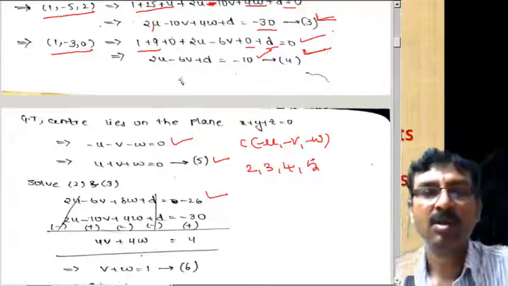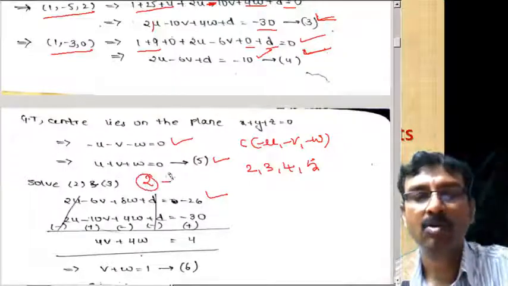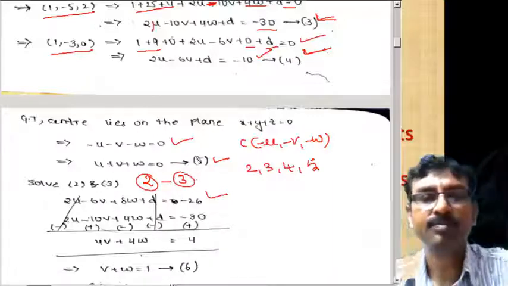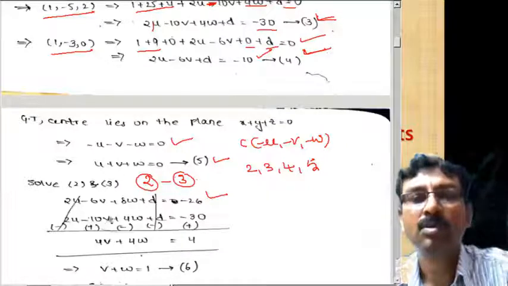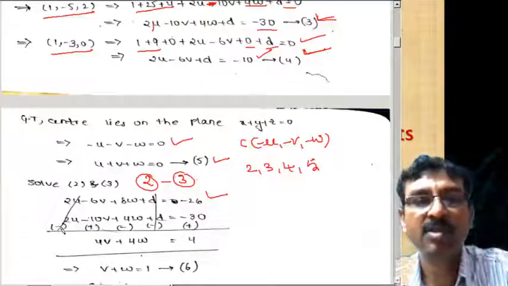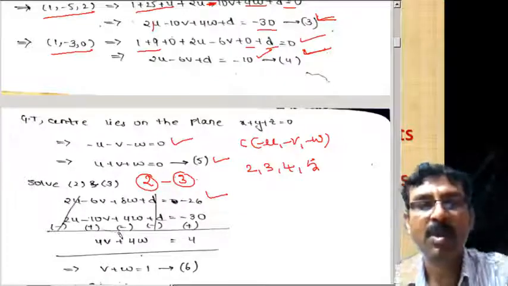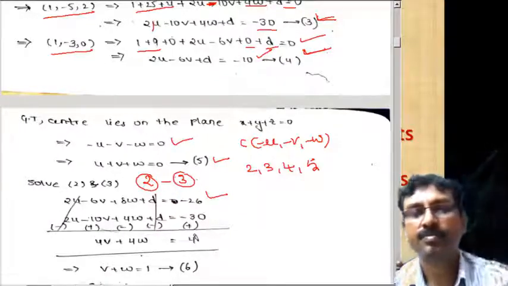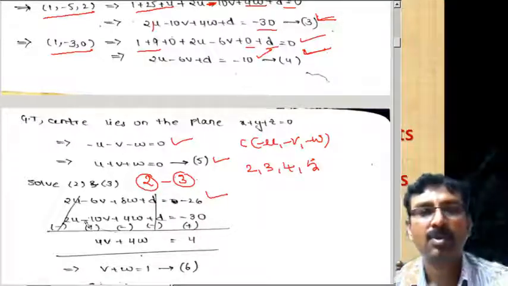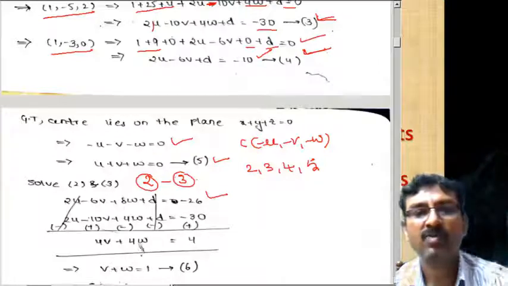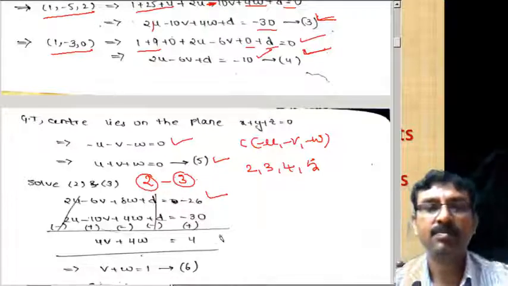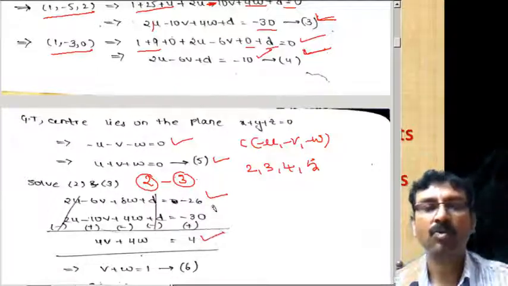So that's why I'm taking 2 minus 3, changing the signs of the second equation: minus plus minus minus plus. 2u minus 2u cancel, minus 6 plus 10 is plus 4v, 8 minus 4 is 4w, d also gets cancelled. Minus 26 plus 30 is 4.